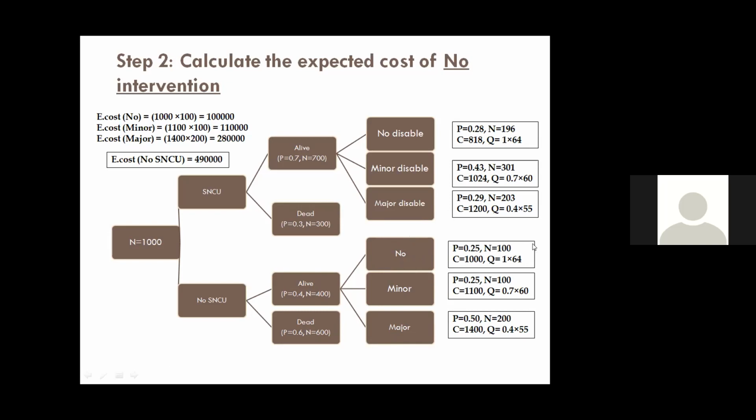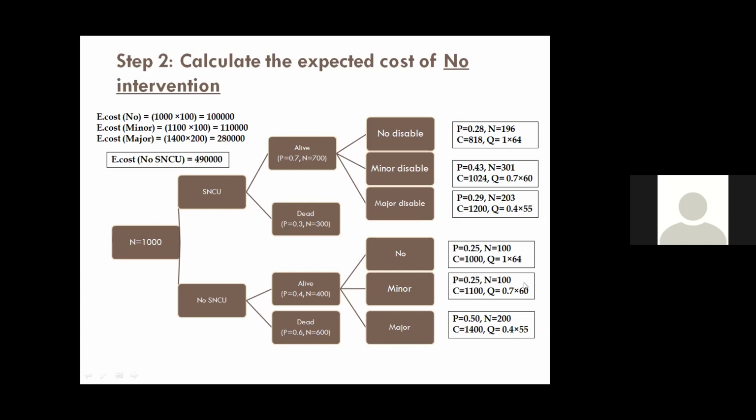So 100 people didn't have any disability. Those who have not gone to SNCU, 400 people are alive, and 100 of them have no disability. The per child cost is 1000 rupees, that is given. So expected cost will be 1000 multiplied by 100 equals 1 lakh.